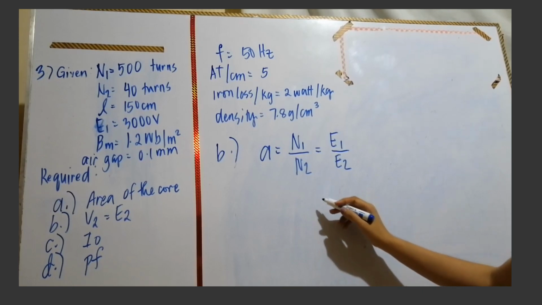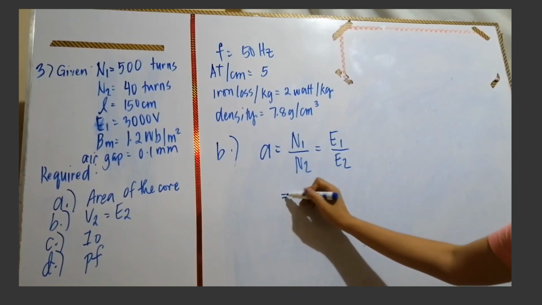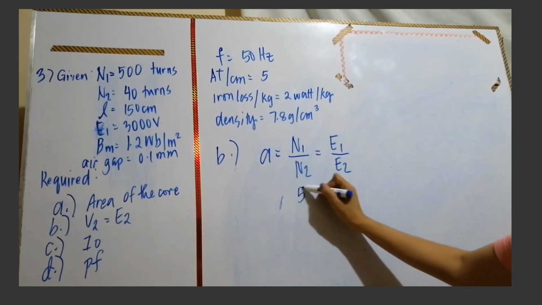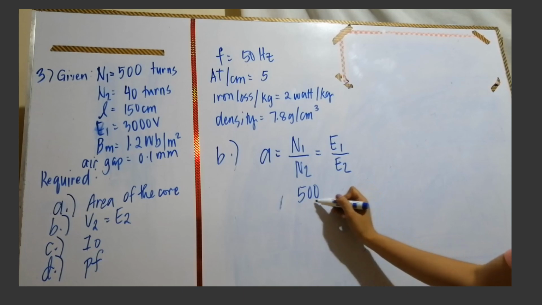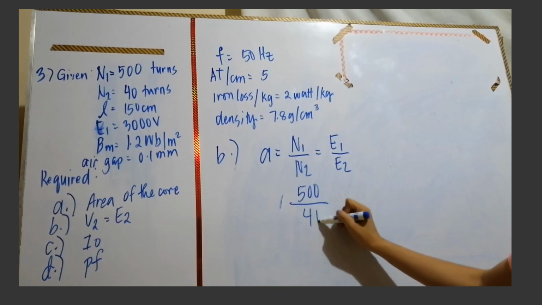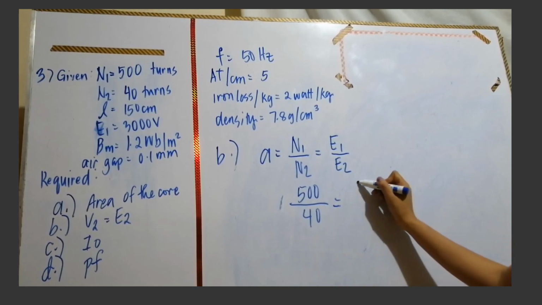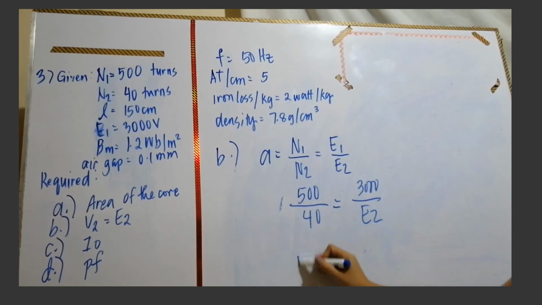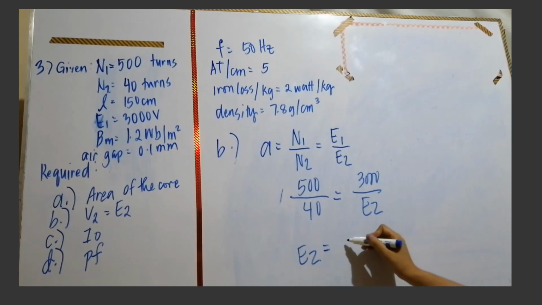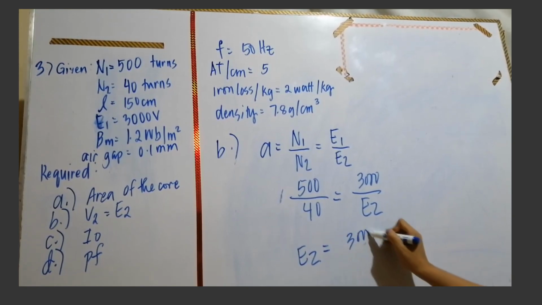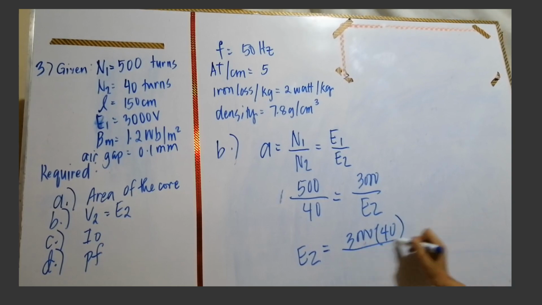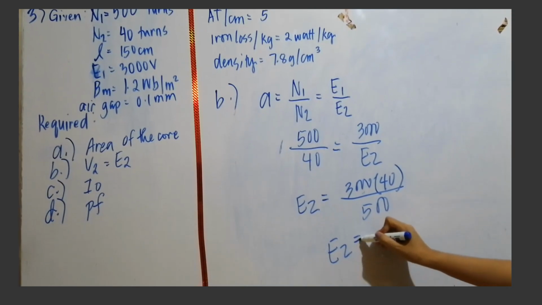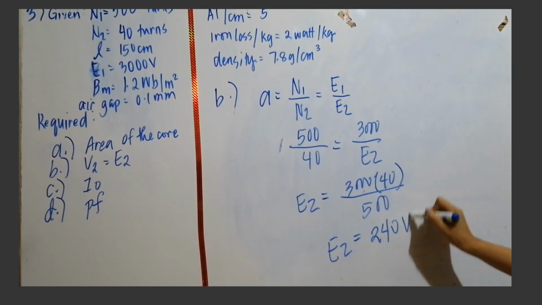By substituting the given parameters, we have N sub 1, which is 500 turns, over 40, and this is equal to 3,000 over E sub 2. So now we can solve for E sub 2 by having 3,000 times 40 divided by 500, and E sub 2 now is equal to 240 volts.